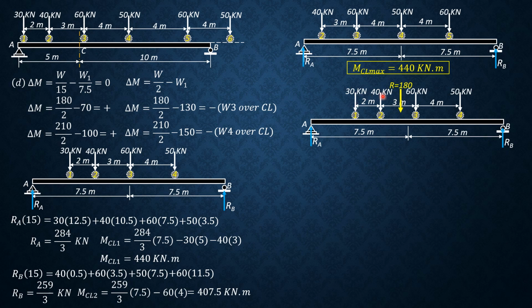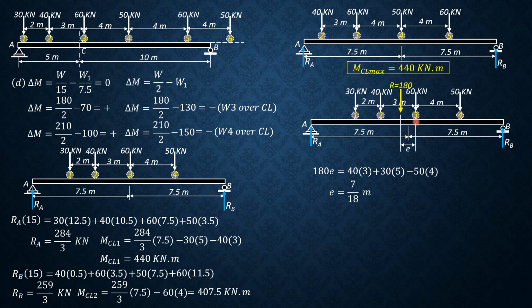So R is 30 plus 40, 70 plus 60, 130 plus 50, 180. And the distance between R and 3 is E. So to solve for E by Varignon's theorem, 180 times E equals 40 times 3 plus 30 times 5, then minus 50 times 4. This is our reference. Absolute maximum moment occurs under load 3.